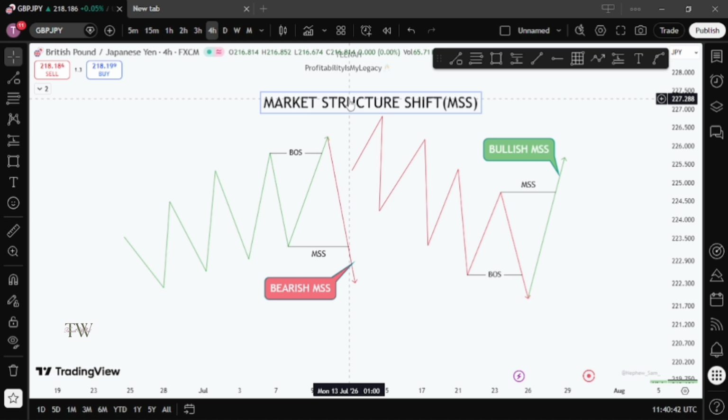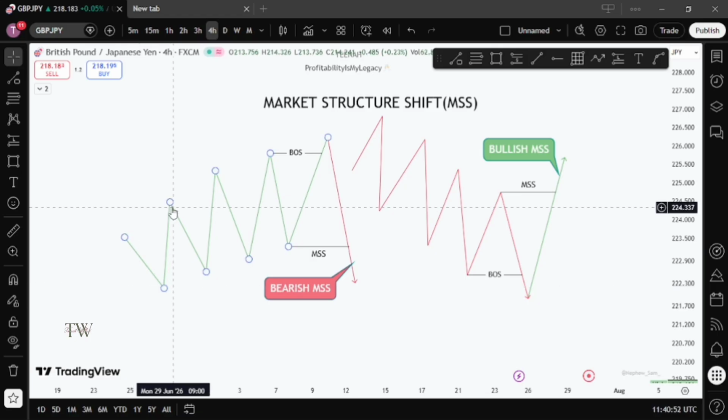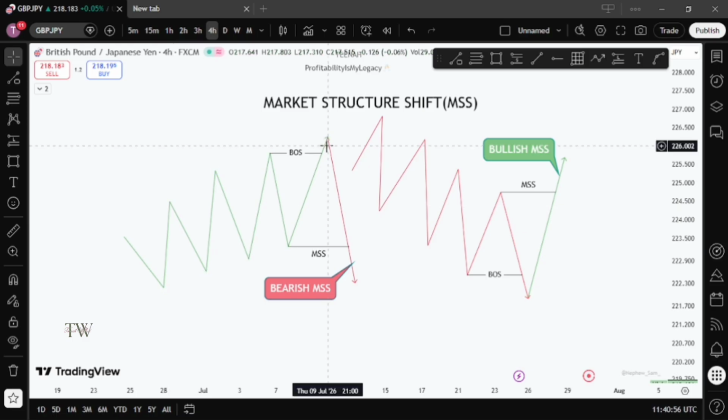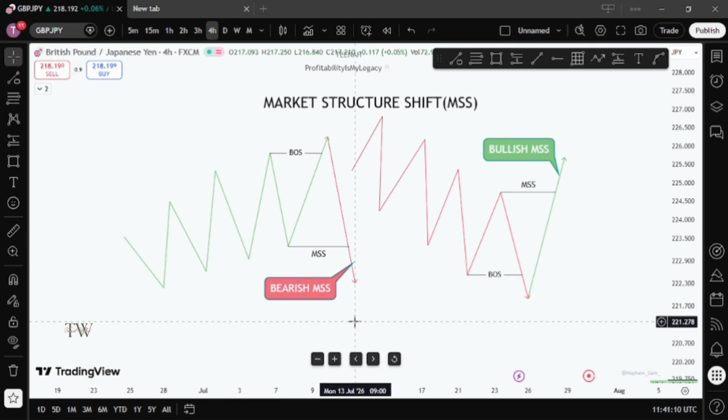Just for instance, as you can see here, we kept having a break above the previous higher highs in this bullish trend, break above the previous higher highs, break above, and then suddenly there was a serious pullback, I don't know if I should call it a pullback now, that broke this particular level that price has been respecting all along. It just breaks it, signaling a change in direction, signaling a possible trend reversal.